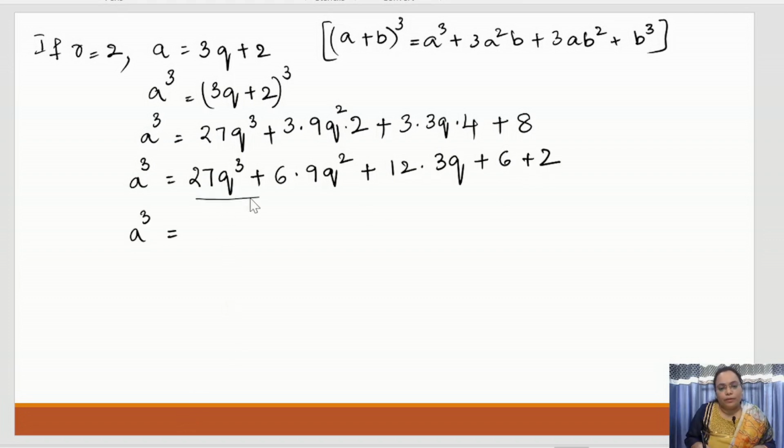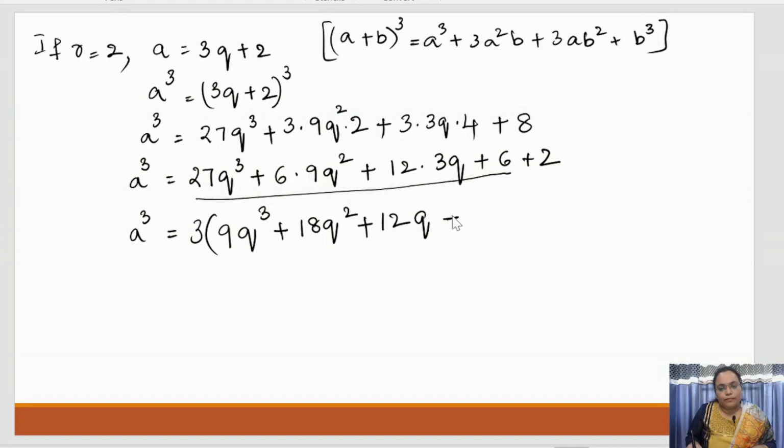Now see here, from here to here, if we take 3 common, you will get 9q cube plus 18q square, if we take 3 common here, plus 12q, and if I take 3 common here, this will be 2. Okay. This is plus 2.